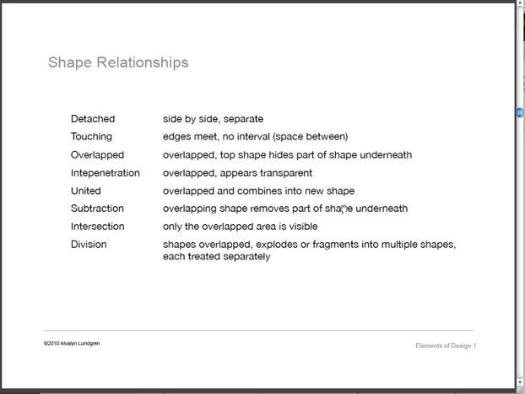So the relationship of shapes to each other becomes a very basic and very important thing to understand. So we'll just list them here. There's a detachment, there is a touching, there is an overlapping, there is an interpenetration. There's shapes that are united, shapes that subtract, shapes that intersect with each other, and then there is division. They divide.